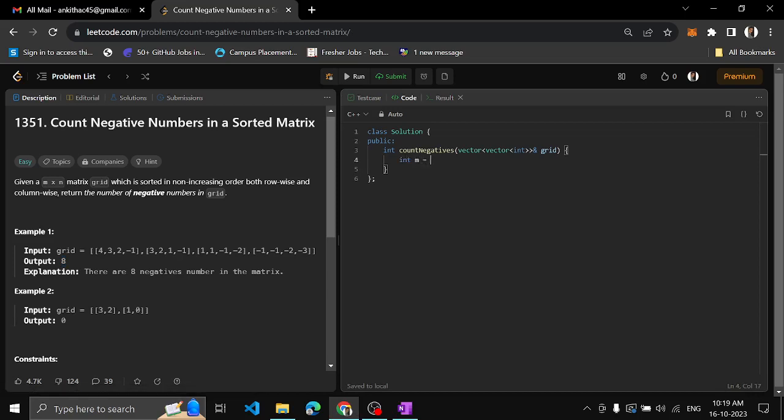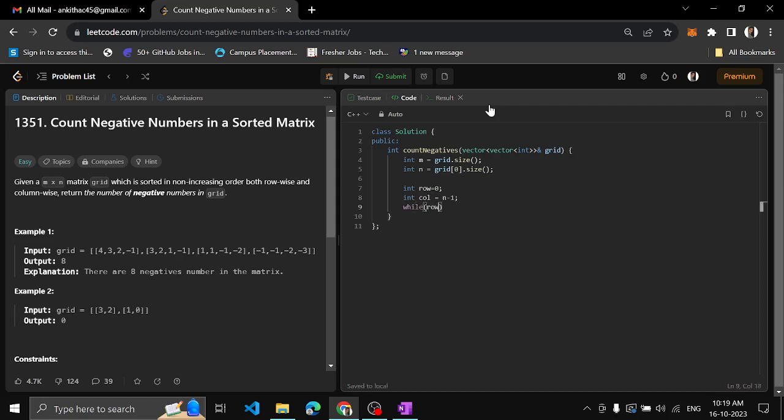Quickly we shall implement this. And let's say n, so we'll take one of the rows dot size. Next, what we have to do? So we'll keep a row, initialize it to the 0th row, and let's say column, initialize it to n minus 1, the last column.